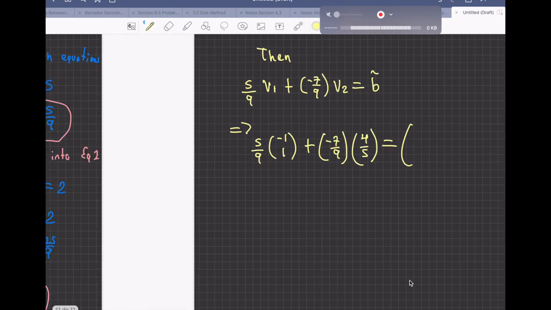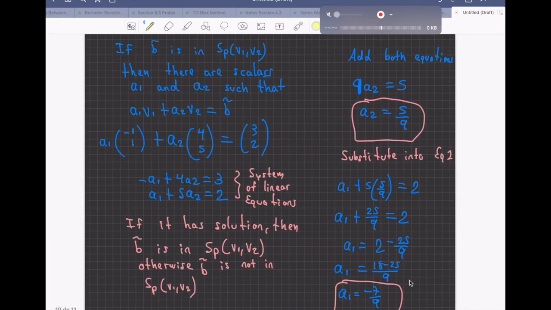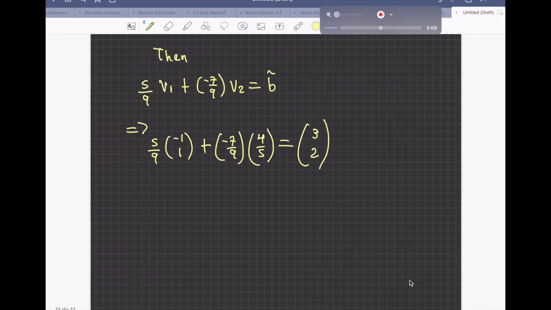This should be equal to (3, 2). You can verify that if you want. If you do the operations, you are supposed to verify this. This is not 4 over 5. This is (4, 5), I'm sorry. It's a vector.